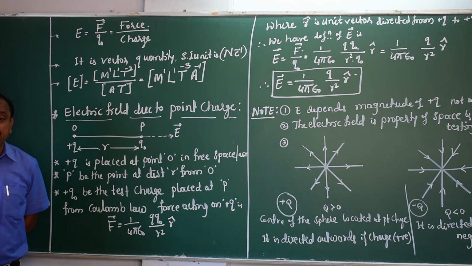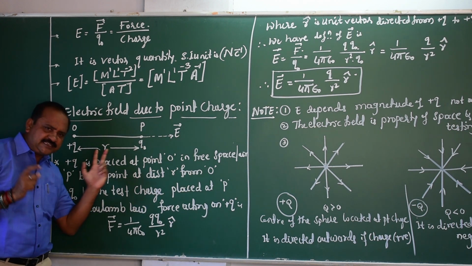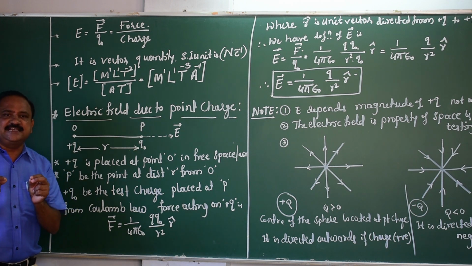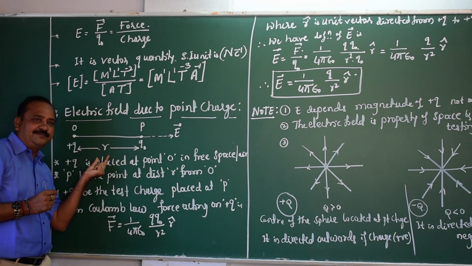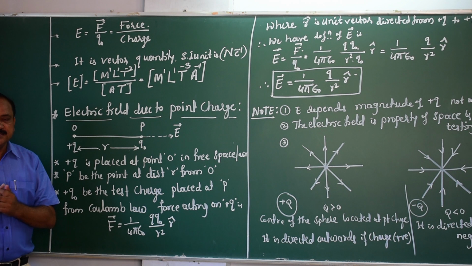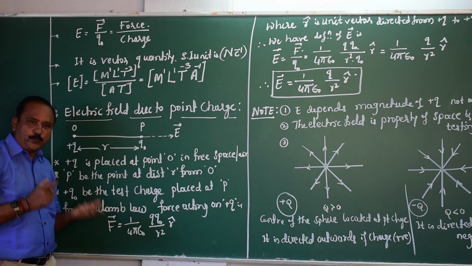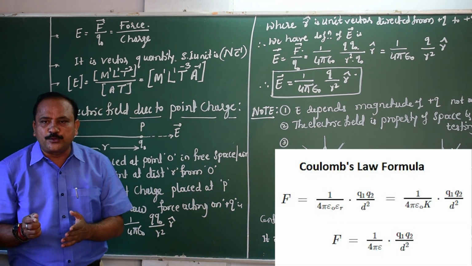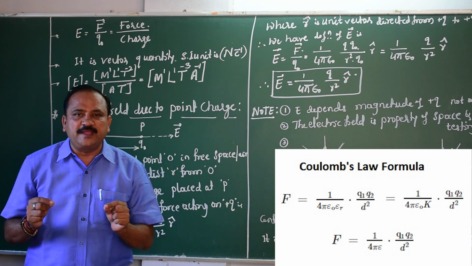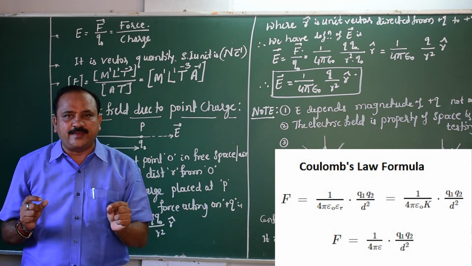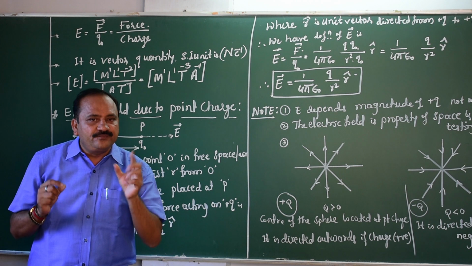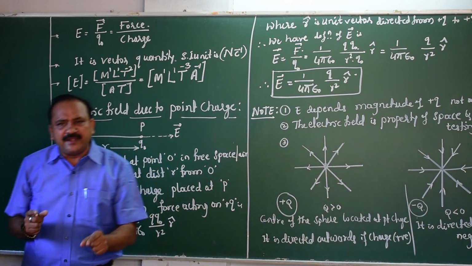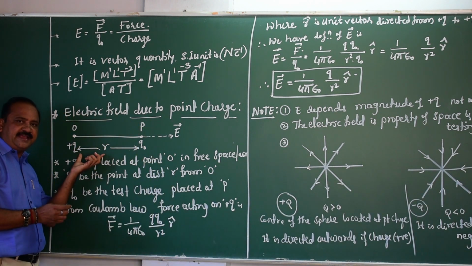Then what happens now? These two charges are separated by distance R. We know Coulomb's law: F equal to 1 divided by 4 pi epsilon naught, Q1 Q2 divided by R square. These two point charges are placed in the air medium.